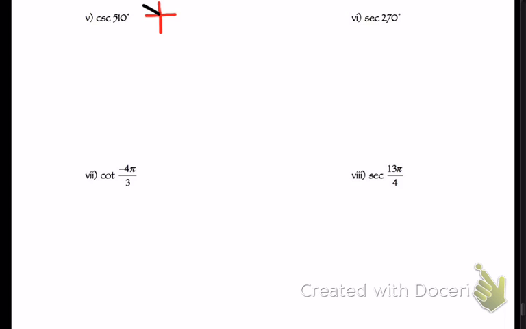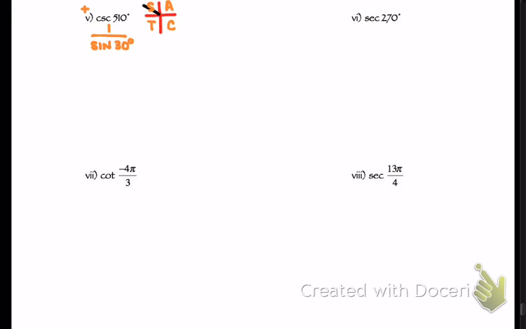Your simple trig chart. Think about it. A simple trig chart. Sine and its inverse, which is the cosecant, is positive in that quadrant. Everything else is negative, and therefore I know that this answer is going to be positive. Reference angle for 510 degrees is going to be 30 degrees.